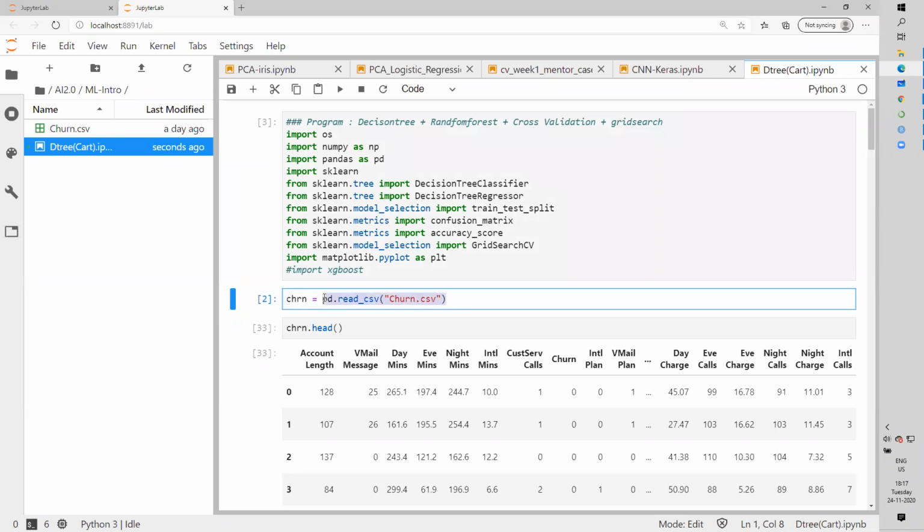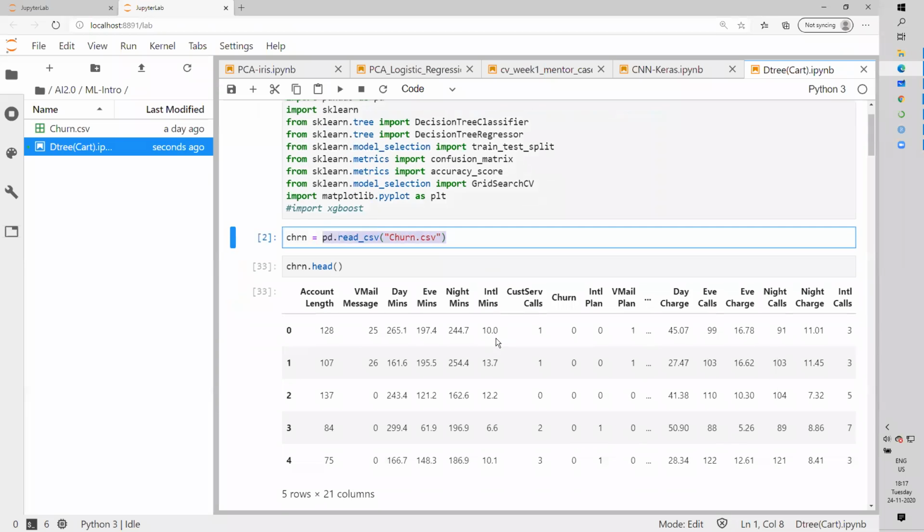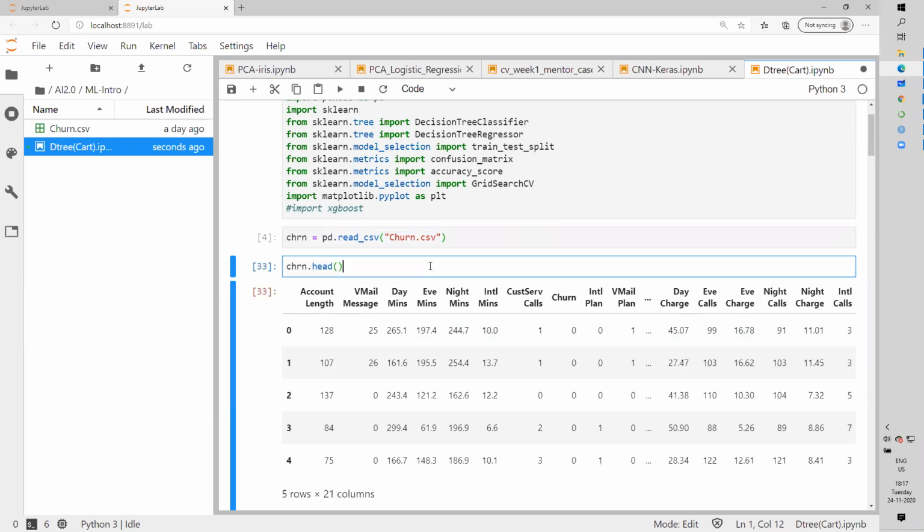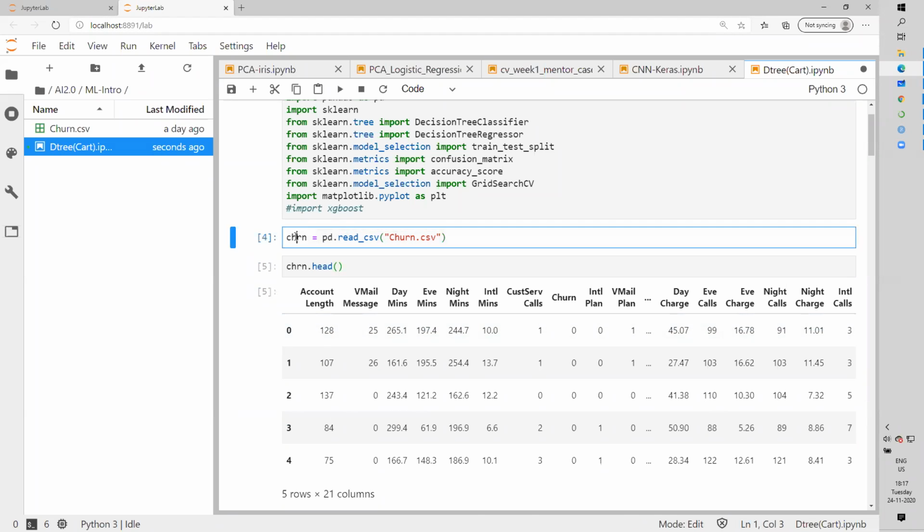And whenever we read such files, it creates a table-like structure, and we call that table-like structure a pandas data frame. For data analysis in Python, pandas is the most heavily used module. So you need to know what pandas is and how pandas works. So we have created a table, which we call a pandas data frame here.